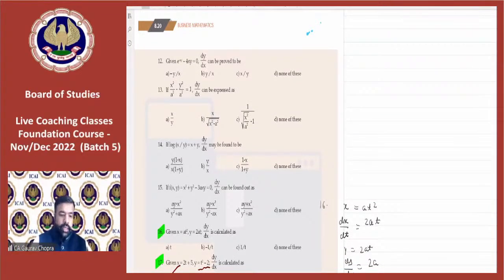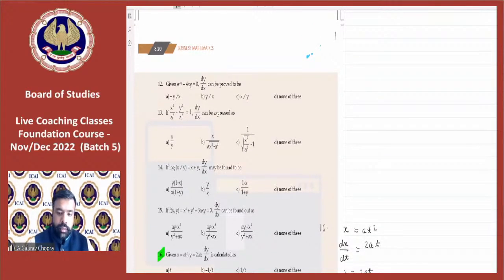Okay, let us try the 13th one. x square by a square minus y square upon a square is equal to 1, and we have to calculate dy by dx.